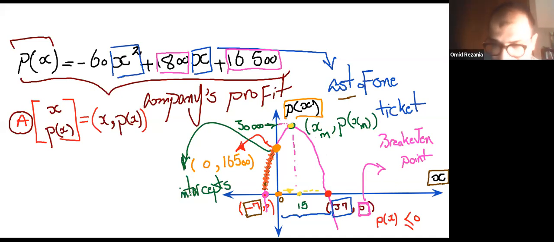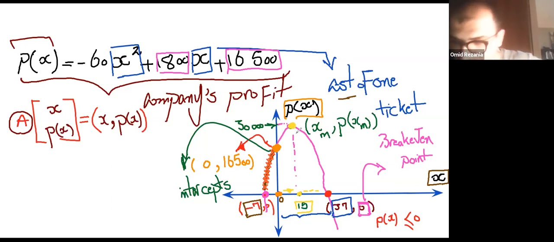It's very interesting that we reach a point, and that point is 15. Before that, the profit is increasing. You are getting richer and richer. But as soon as you get to this very top point, the behavior changes.